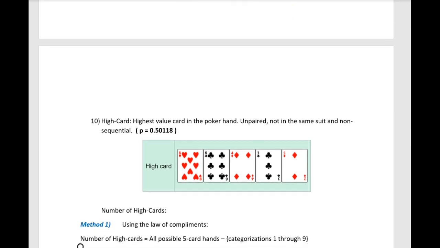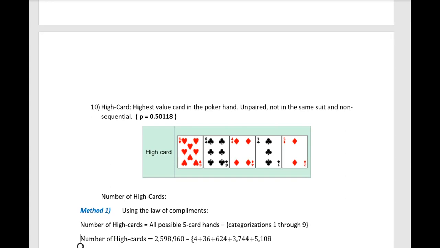So how do we calculate the probability of a high card? I'm going to do this 3 ways. Method number 1, which is the easiest way out, is using the law of complements. Now, if you remember, the law of complements tells us, for example, if the probability of rain is 70%, the probability of no rain would be 30%, 1 minus that. So that's kind of what I'm doing here.